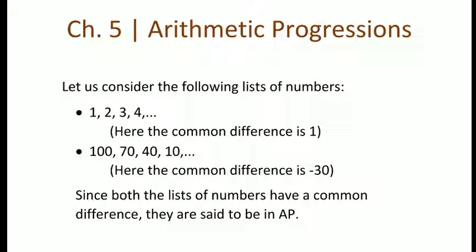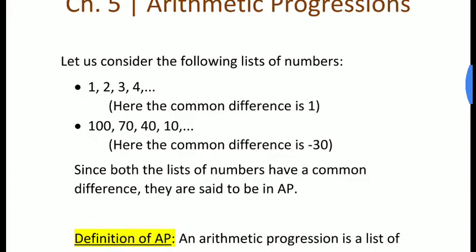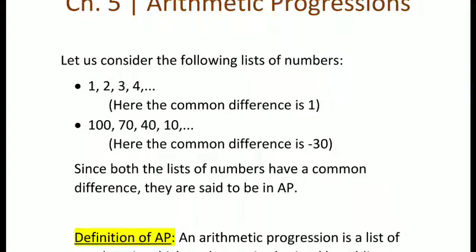Third term and second term: 40 minus 70, again minus 30. The fourth term minus the third term, that is 10 minus 40, again minus 30. So this second group also has a common difference, that is minus 30. That is why the second group also satisfies the specific characteristic of an arithmetic progression.